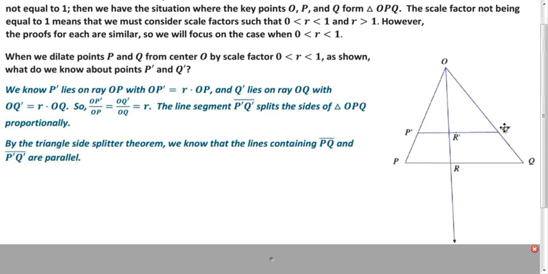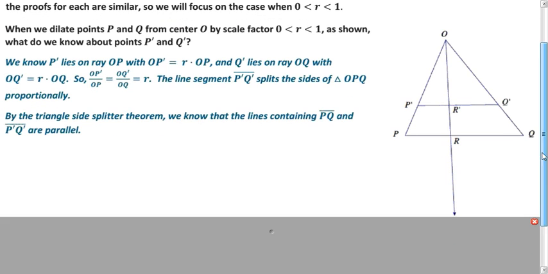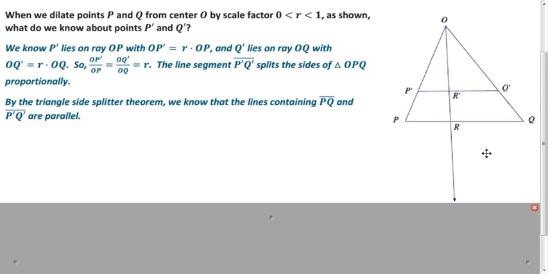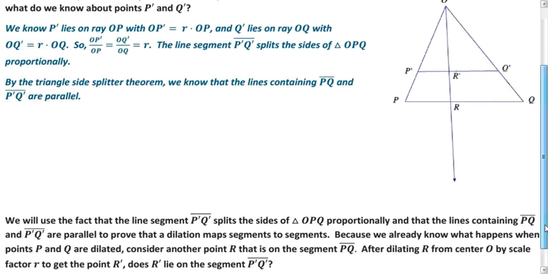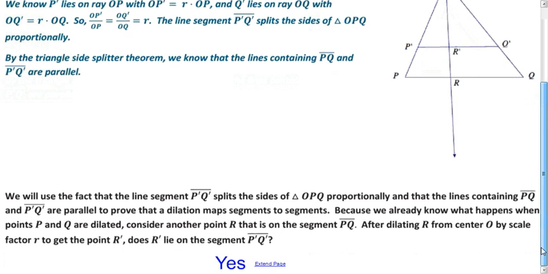So the endpoints map like we want them to. And any point in between them, say point R, if we follow the rules for the dilation, that will also lie on our segment. So any point in between gets mapped in between P prime and Q prime. So we do get another segment.